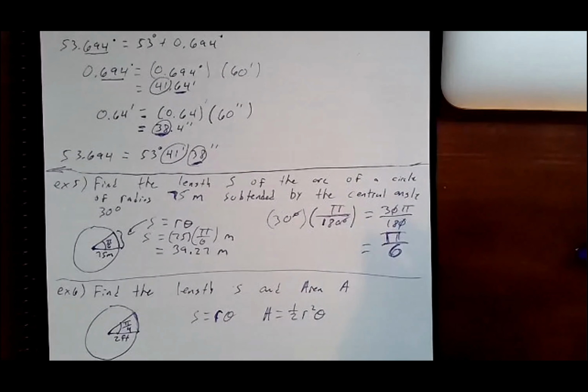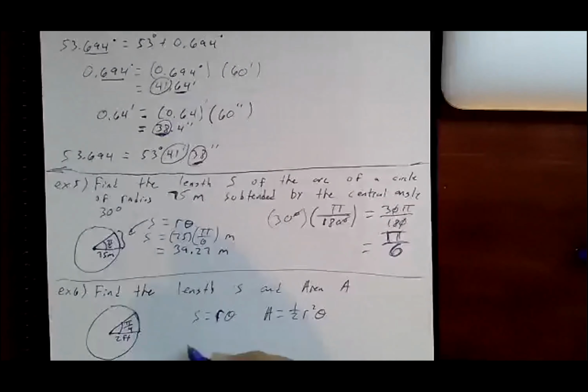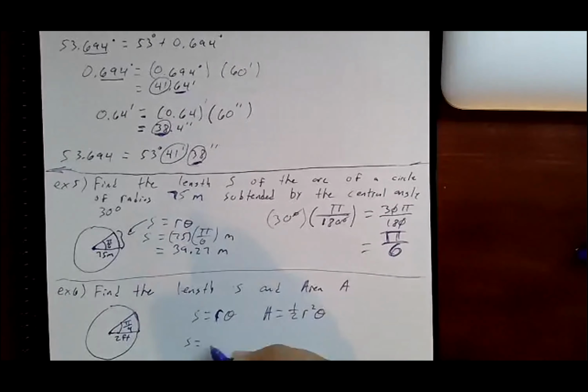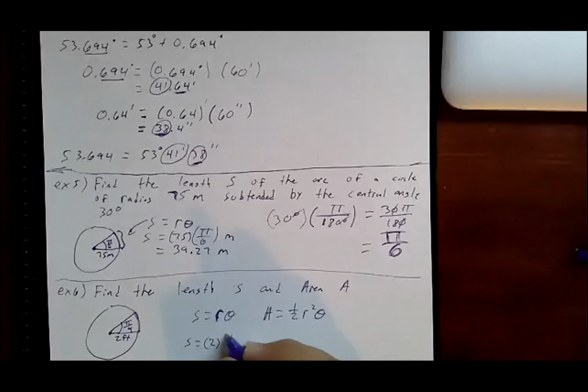Thanks. Whenever I write a formula, I double check because people use them. All right. Okay, so we have everything we need. Let's plug it in. So S will be 2 times pi over 4 feet. That will be something.